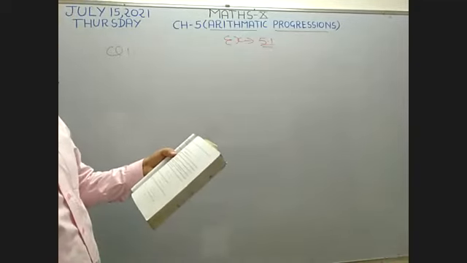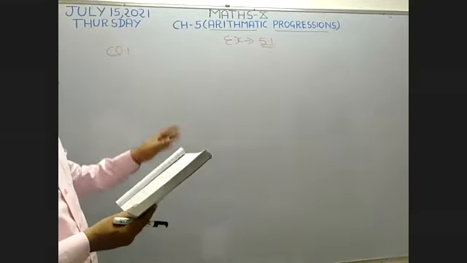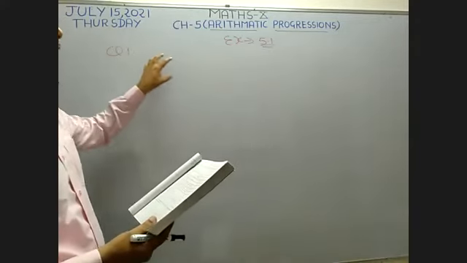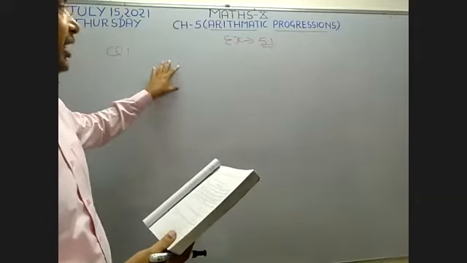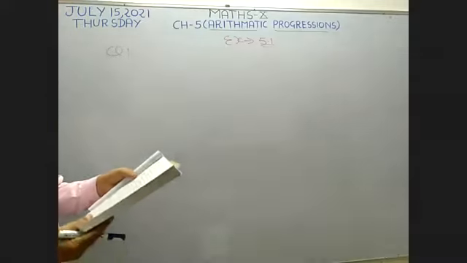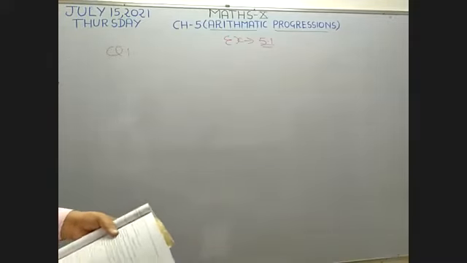We are going to convert the given situation into numerical form. If the numerical form represents the same common difference, then it is known as an AP, otherwise it is not going to represent an AP. And we have to give the reason also why it is an AP. I want to solve the first question.